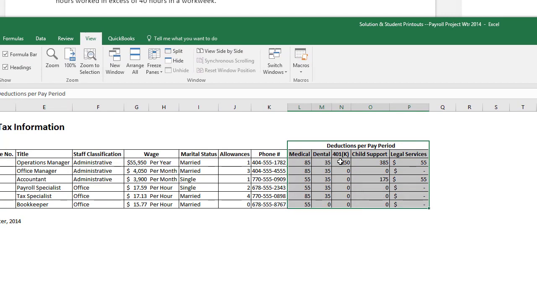One person in this scenario has a $150 401k contribution, 2 people have child support to pay, and they also pay for legal services. Most employees have dental, but not all, at least in this scenario. Remember, your scenario may vary. Your numbers may be different from these. And everyone has medical, but the numbers could vary.